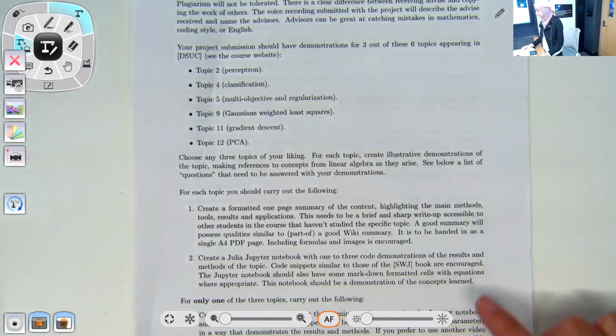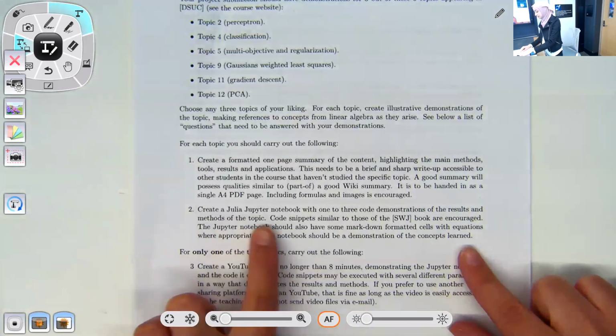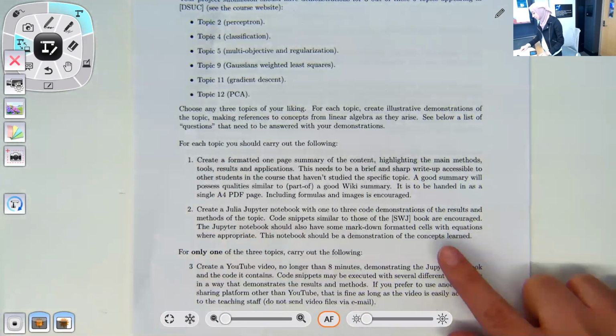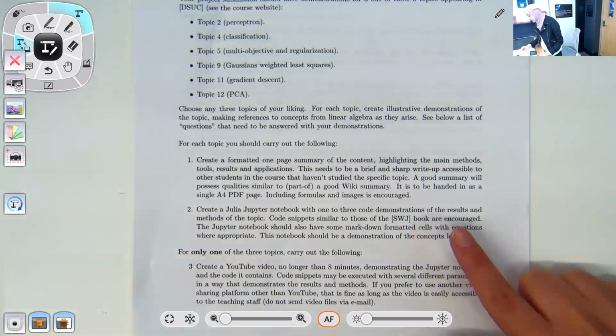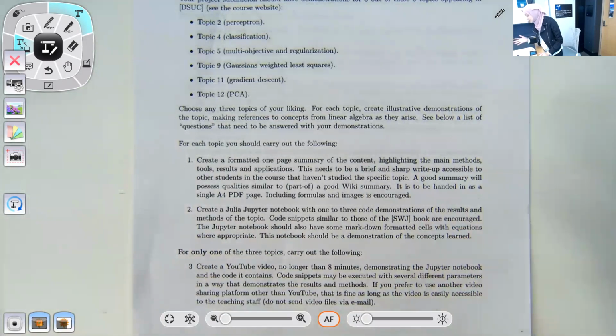And the second thing you need to do, you need to write a Jupyter notebook with 1 to 3 code demonstrations of the results and method of the topic. For example, if you talk about classification or PCA, try to run 2 or 3 codes to show how this method is working. Okay, this is part 2.